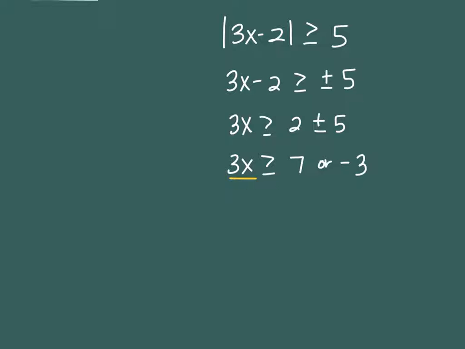Everything, the x part, the 7 part, and the negative 3, they all get divided. So I have x is greater than or equal to 7/3, or, whoops, wasn't supposed to divide by negative, or negative 1. Now these are both going to go on a number line.